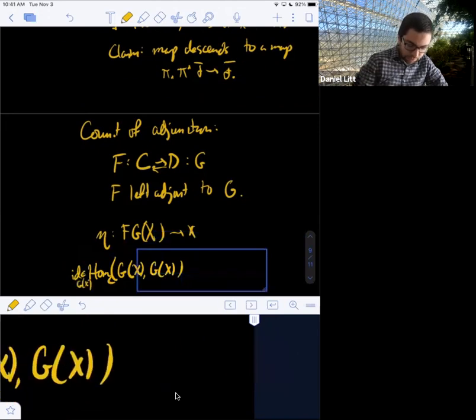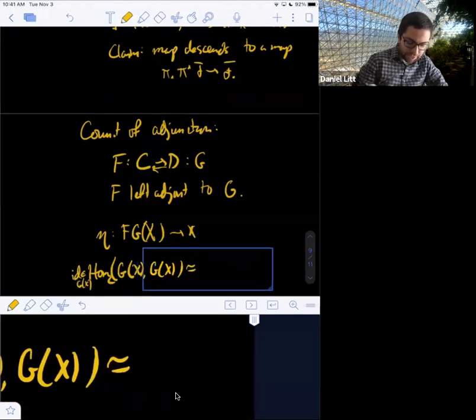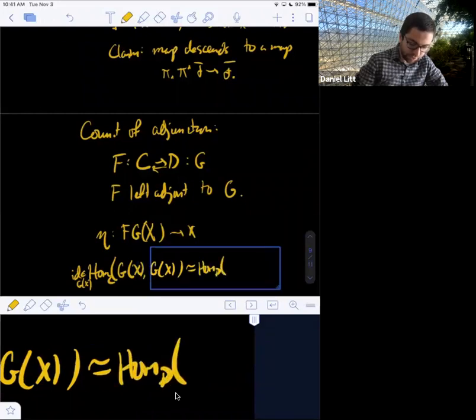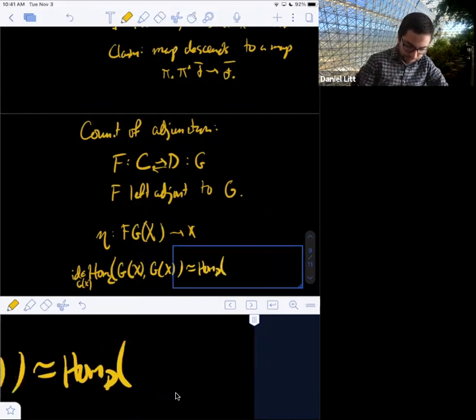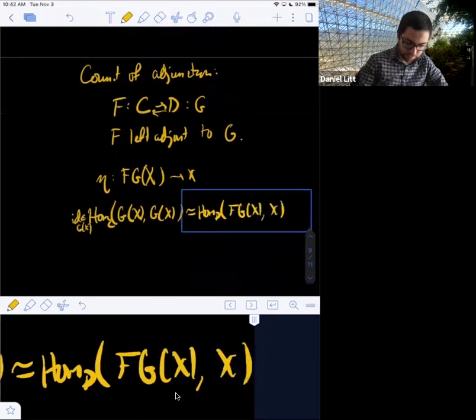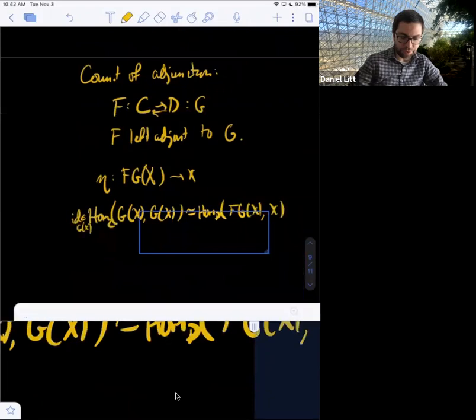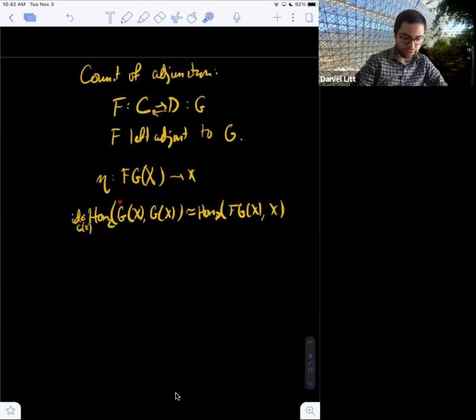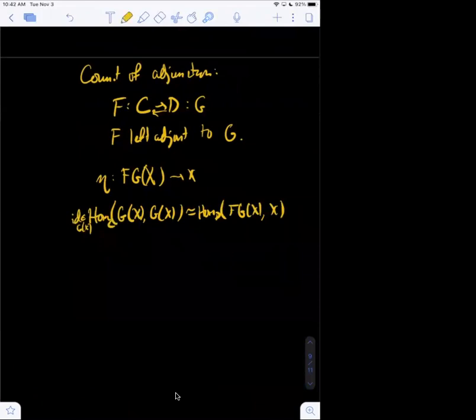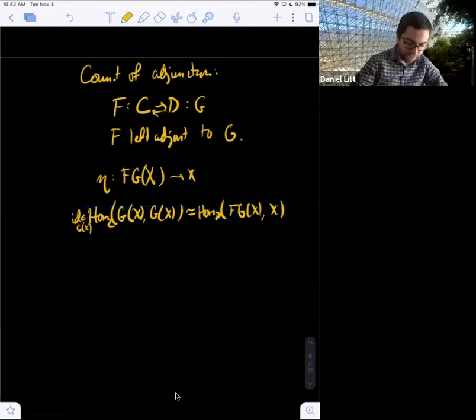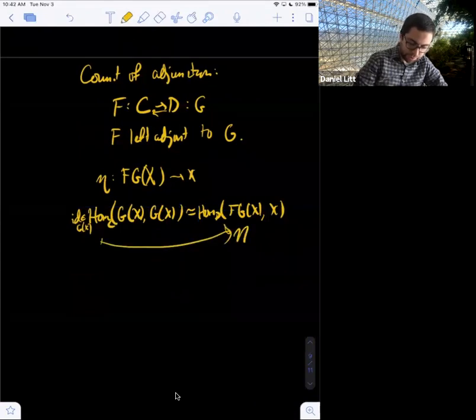But this set is canonically isomorphic, just by the definition of an adjunction, to Hom in D of FGX to X. All I did is move this G from right to left using the definition of what it means to be a left adjoint. So the identity map maps to this map, which I'll call eta, which is called the counit of the adjunction.